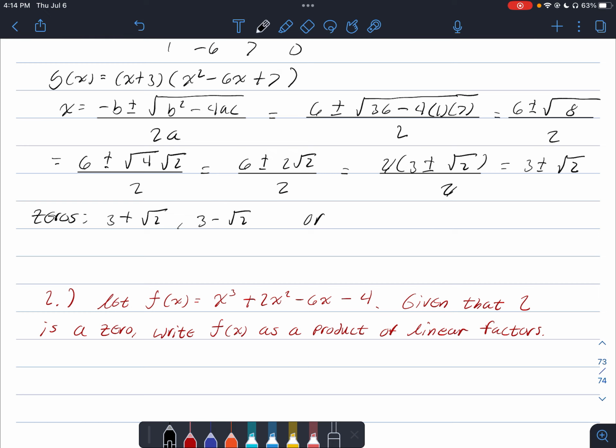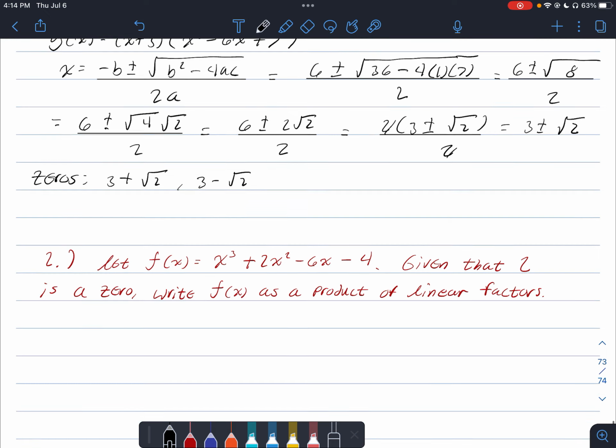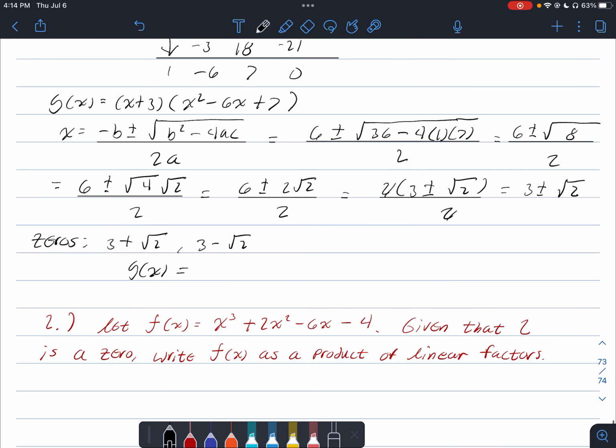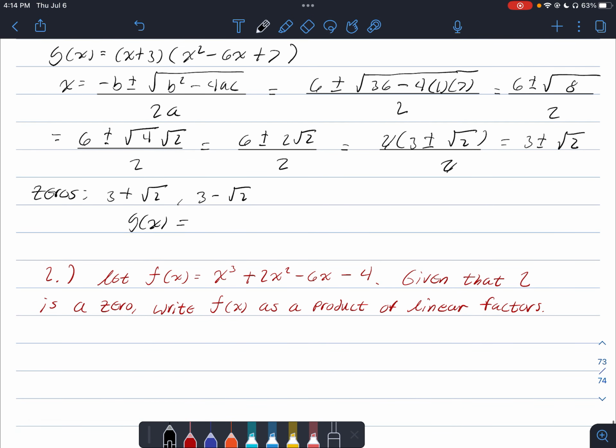That means that our polynomial can now be written as g of x is equal to, the first one we said was x plus 3, times x minus 3 plus the square root of 2, times x minus 3 minus the square root of 2.